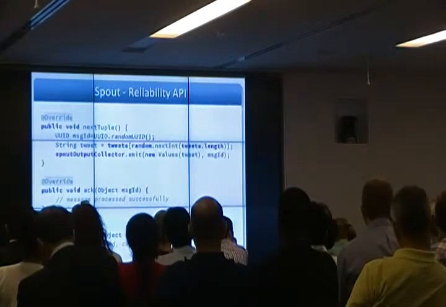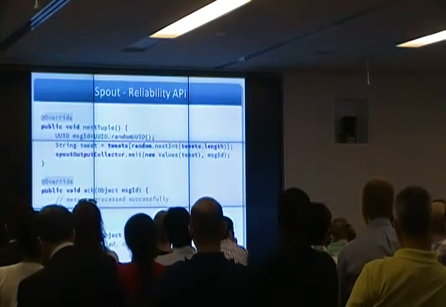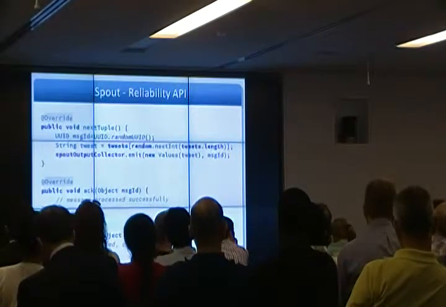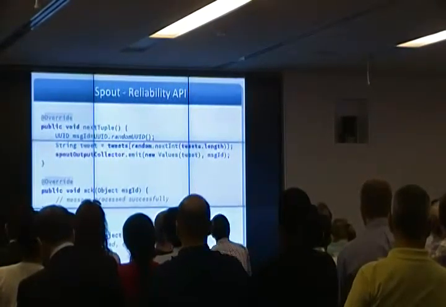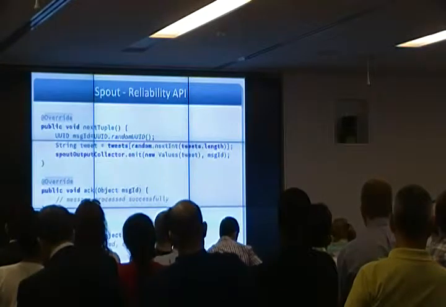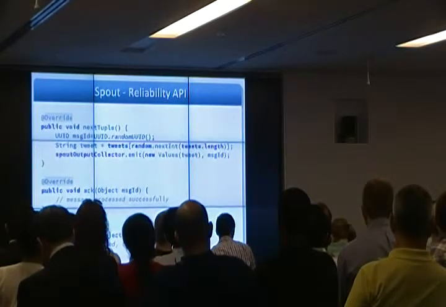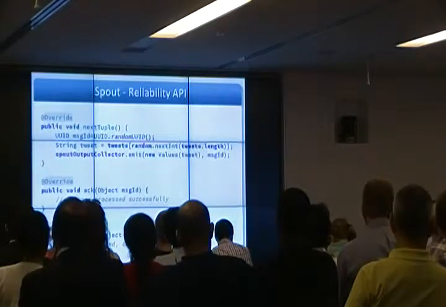If it fails in the middle, it goes back to the Spout and you can replay it, or you can save it somewhere for further analysis. What I was doing, if it fails, there is no reason to reprocess it most of the time. I just save it into the database, into another collection. But if it's successful, you just print, you do something or do nothing, it's up to you.